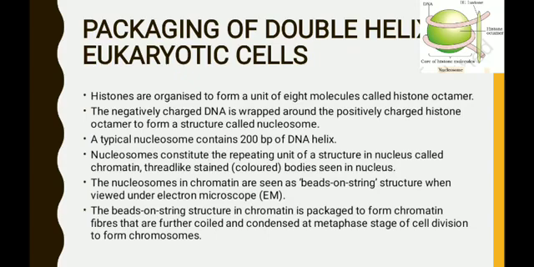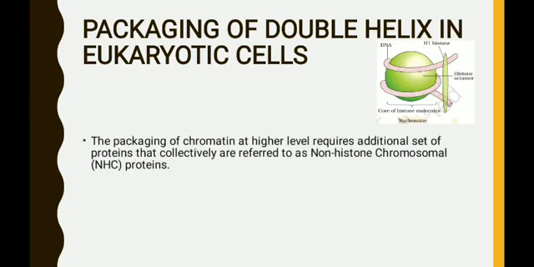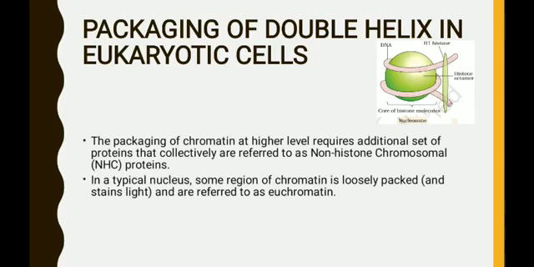So chromosomes are nothing but condensed chromatin fibers. During that process, some additional proteins are also involved. The packaging of chromatin at a higher level requires an additional set of proteins collectively referred to as non-histone chromosomal proteins. So in the normal stage, histone proteins will be there for packaging or coiling. During further condensation, some non-histone proteins are also involved.